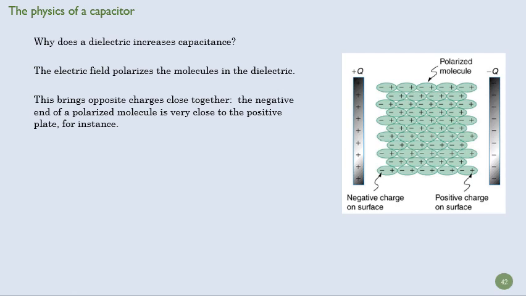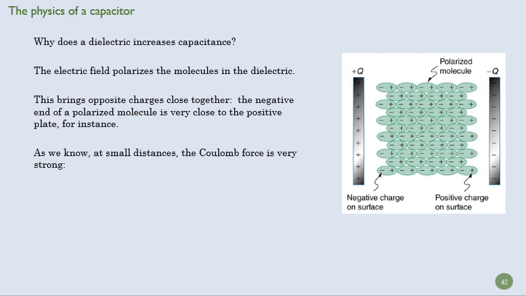So what happens here is polarization of the molecules means that the negative part of the molecule is going to be pulled toward the positive plate and the positive part is going to be pulled toward the negative plate. So it's not moving them around, but it is creating a really strong electric field right here, right? Because those are close together, and those are really close together.